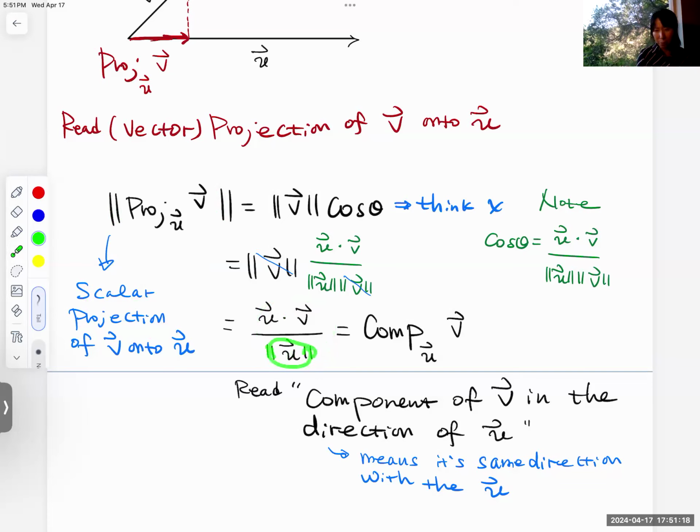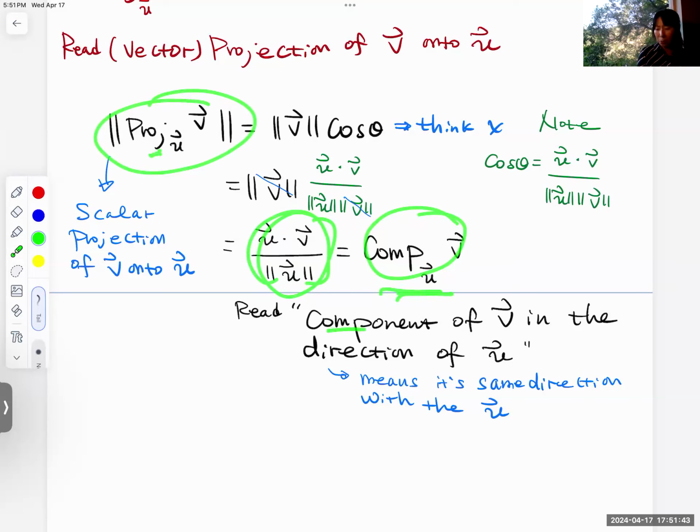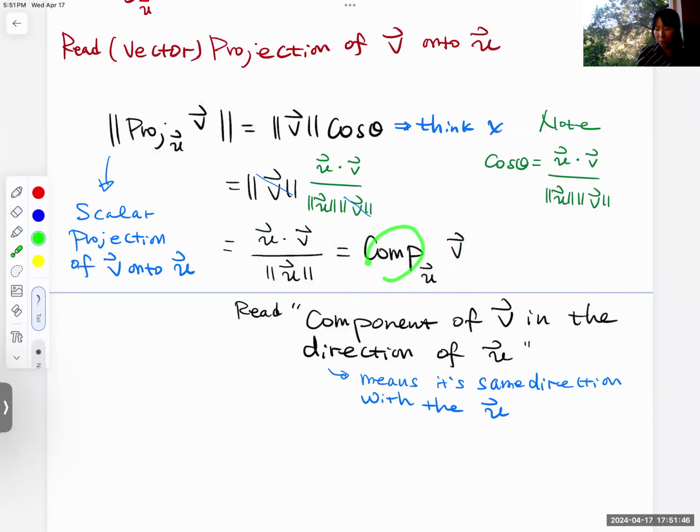This is also a number, right? So we get a formula like that. And then this one has a different name and a different symbol, but it's the same. This is the same as that, and then the same as that. This one we read as the component of a vector V in the direction of a vector U.